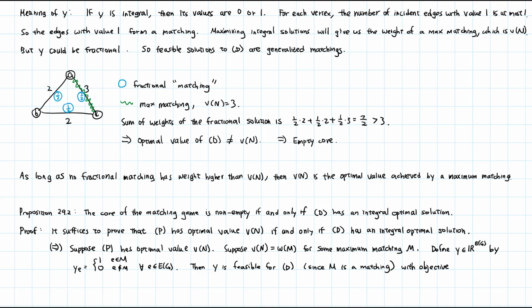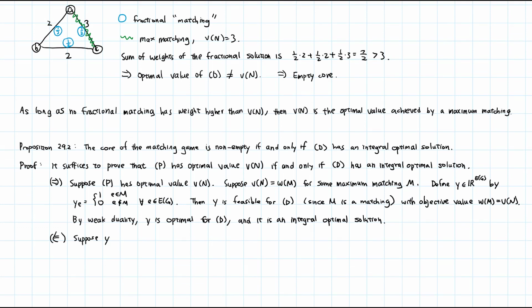And its objective value is W of M, which is equal to V of N. We now have a dual feasible solution with the same objective value as the optimal value of the primal. By weak duality, Y is optimal for D, and it is an integral optimal solution.